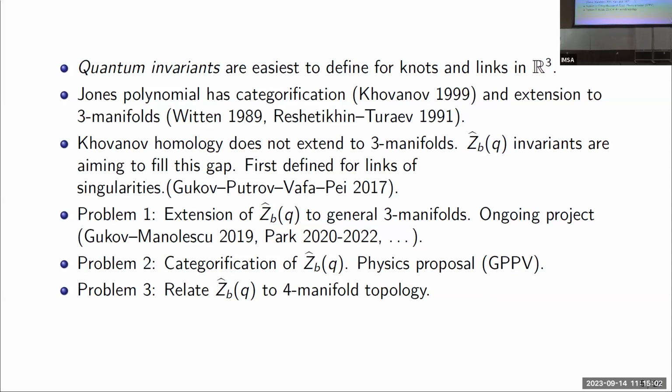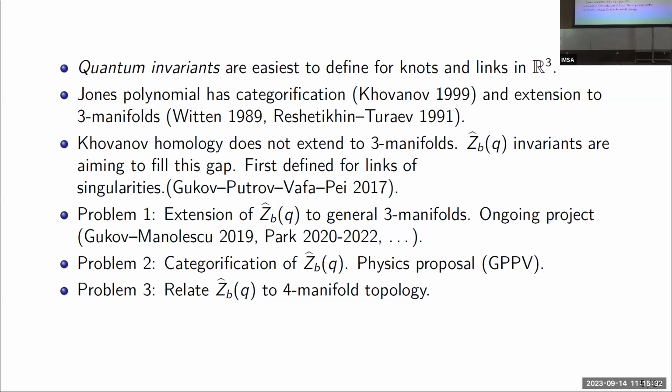And there is a lot of ongoing work on this, started by Gukov and Manolescu, and then there has been a lot of development by Park, student of Gukov, and others. So the idea is that you try to do Dehn surgery and find some formulas for how this invariant should behave under Dehn surgery. But it's a complicated problem.